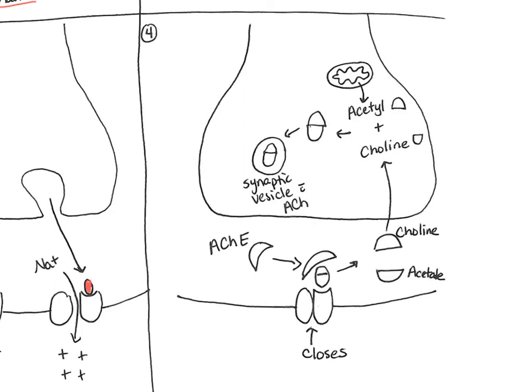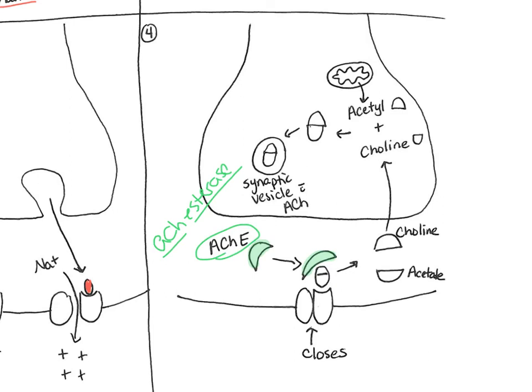There's an enzyme inside the synaptic cleft that's called acetylcholinesterase, ACHE. Anything that ends in ASE is an enzyme. So it's acetylcholine and then esterase. Acetylcholinesterase.